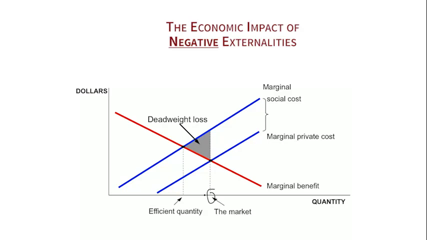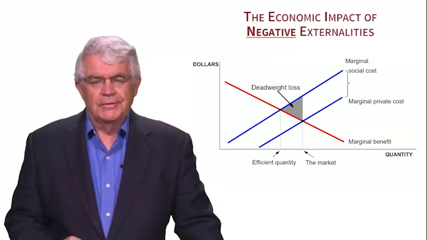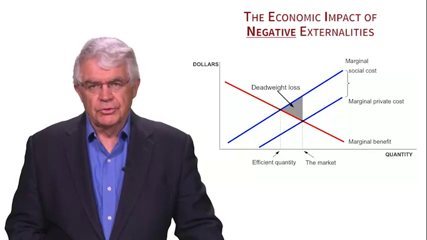And if you took that into account, the amount of production would be less. It would be the intersection of the supply curve, which includes those marginal social costs, and the demand curve. So it would be over here, which is a smaller amount of production than would take place in the market.